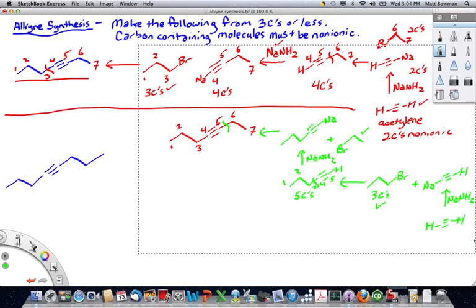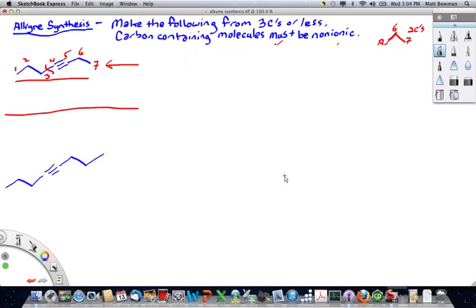Let's talk about this molecule down below. This one, on the other hand, like the first one, is actually symmetrical. We have 2 propyl groups on both sides of the alkyne.